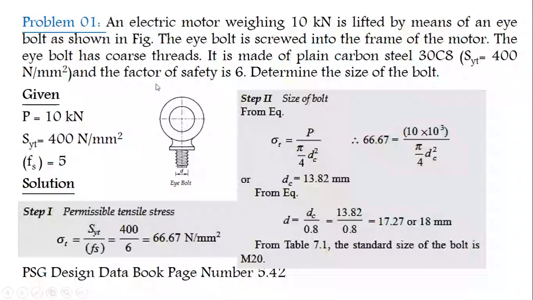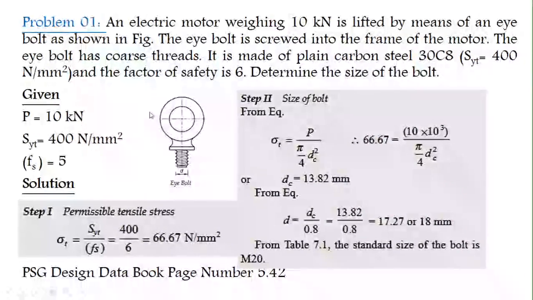What they are asking in this problem: the electric motor is lifted by an eye bolt. The electric motor weight is 10 kN. The eye bolt is screwed onto the frame of the motor. The eye bolt has a coarse thread, not a fine thread.